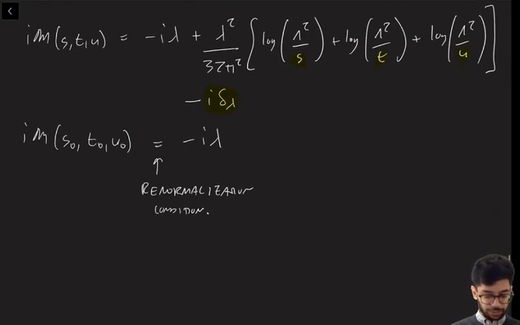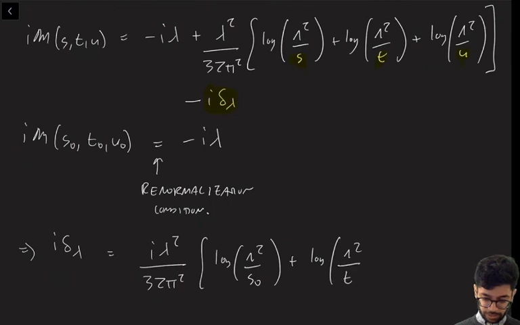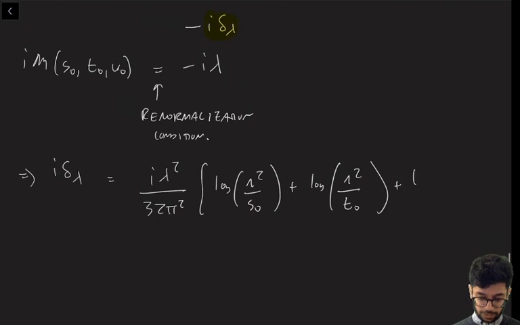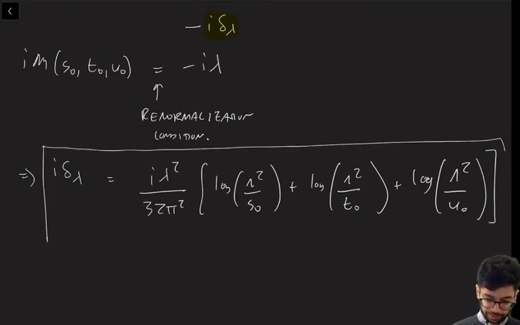And that fixes the counterterm to be i lambda squared divided by 32 pi squared times log lambda squared over s naught plus log lambda squared over t naught plus log lambda squared over u naught. Okay? So this has fixed the counterterm.